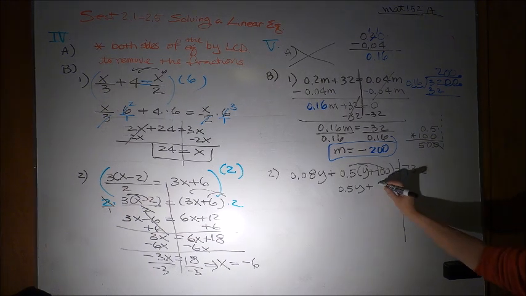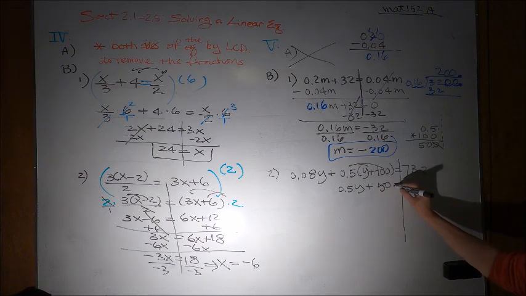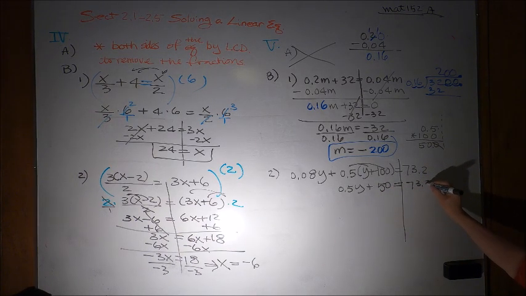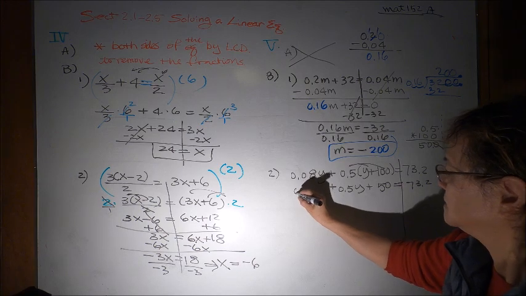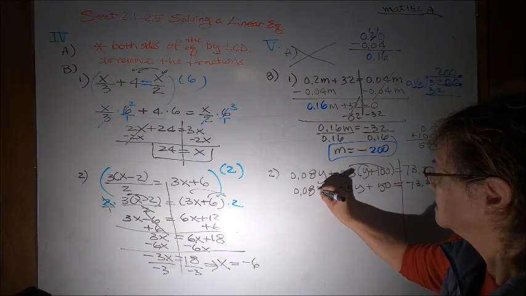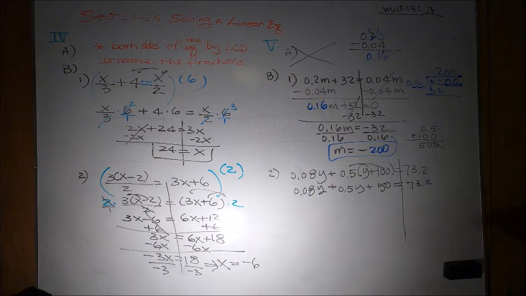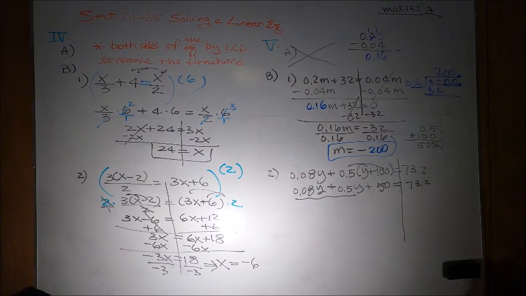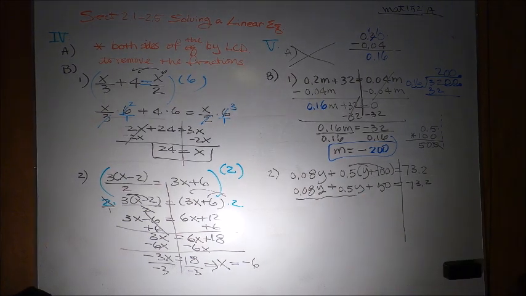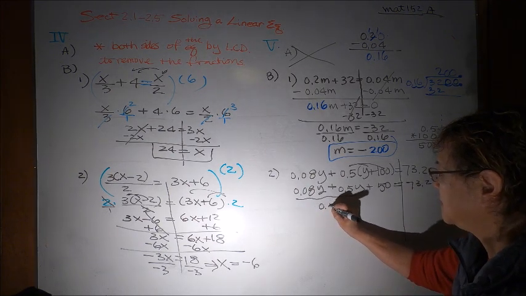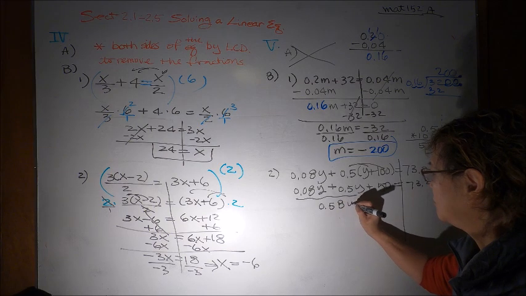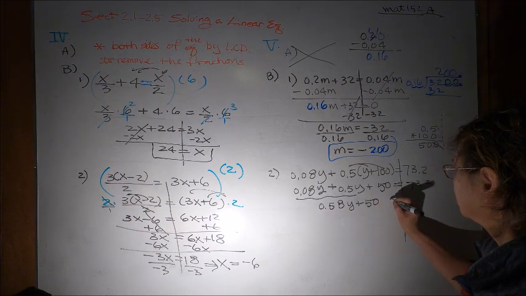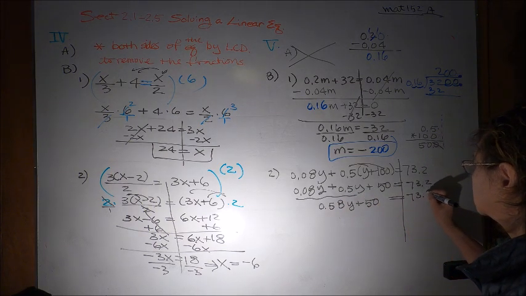So it's 50, right? So we put it together, 0.08y. Then what do we do? Combine like terms. Make each side simpler. So this one would be 0.58y plus 50 equals this, right?